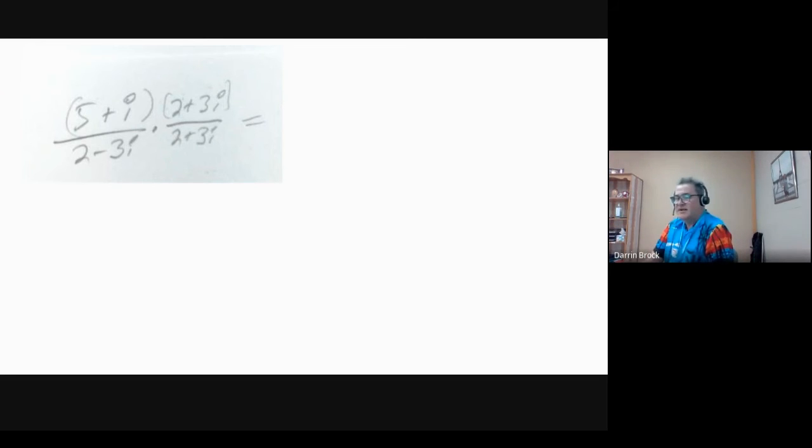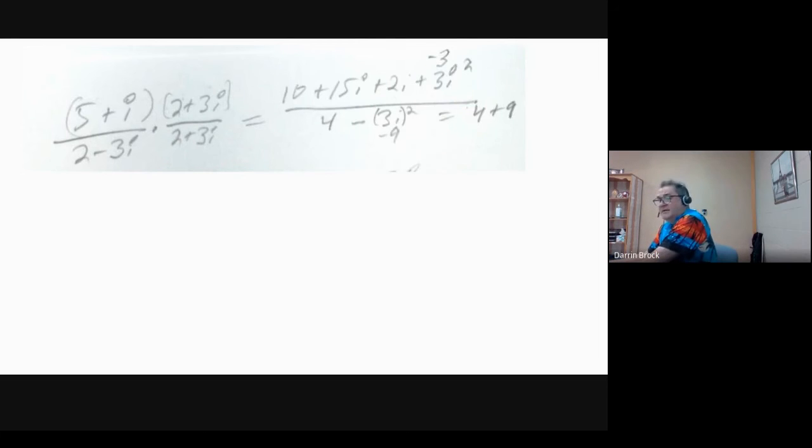But the reason I do that is because we need to get this imaginary number out of the denominator and be able to rewrite an answer for this. And when I do this, I multiply. We've got to use the distributive property, right? So that's going to be 10, and then 5 times the second one is plus 15i, and then distribute the i: plus 2i, and i times 3i is plus 3i squared.